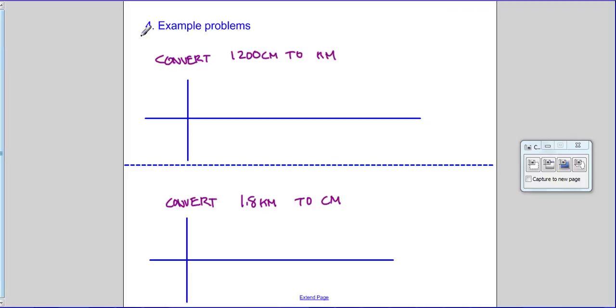Okay, now let's do just some metric conversions here. So 1,200 centimeters to kilometers. Well, I can go centimeters to meters, and then I can go meters to kilometers, because I know that 100 centimeters is 1 meter, and I know that 1,000 meters is 1 kilometer.